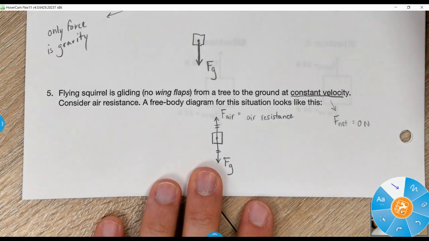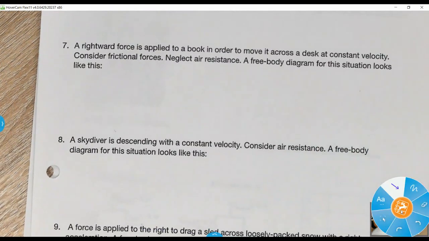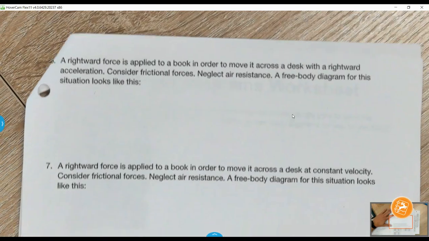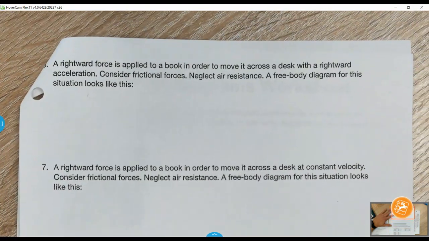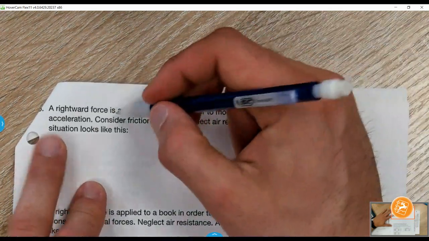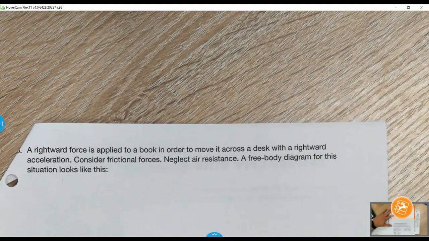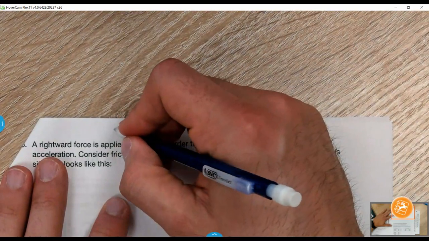Now we're looking at number 6. We have a rightward force that is applied to a book in order to move it across the table with a rightward acceleration. There are a couple things we need to know.